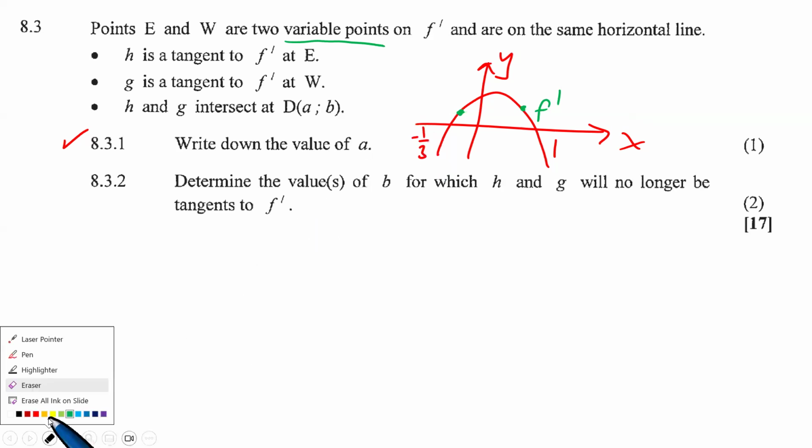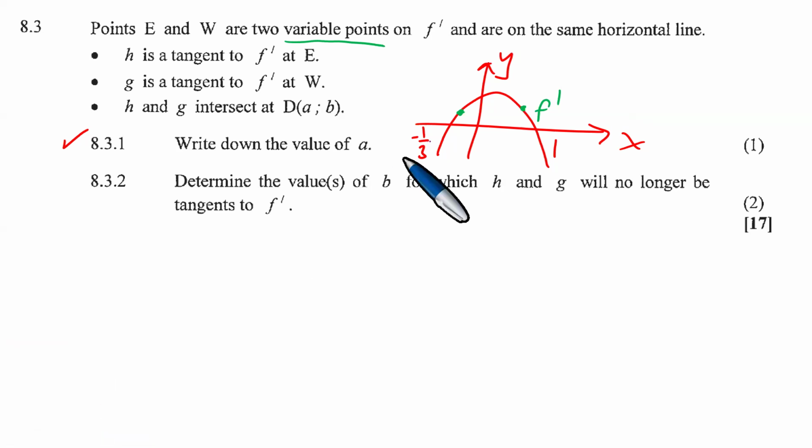So now you have this, and this is parallel to the x-axis because it's horizontal. It's a horizontal line. E and W are two variable points on F prime. This is F prime, and you have the variable points there.